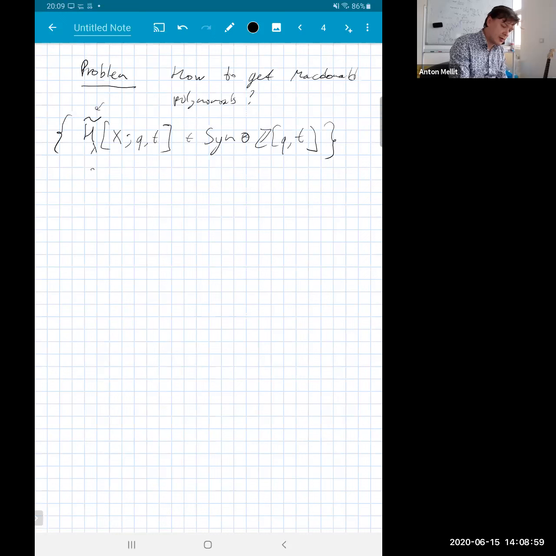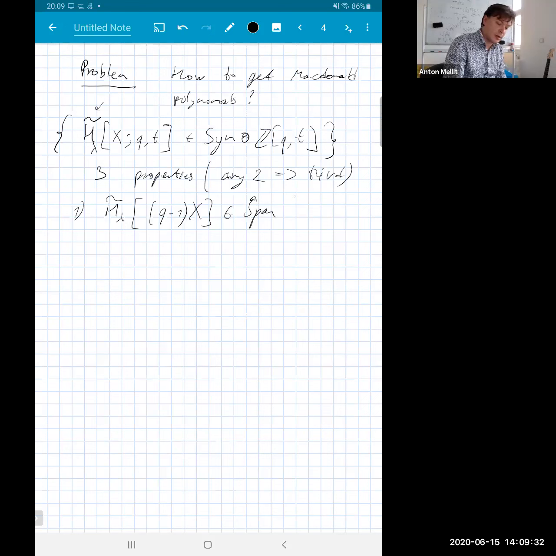There are three properties, and any two imply the third. The first one is that H lambda at q minus 1 x is in the span of monomials less than or equal to lambda.